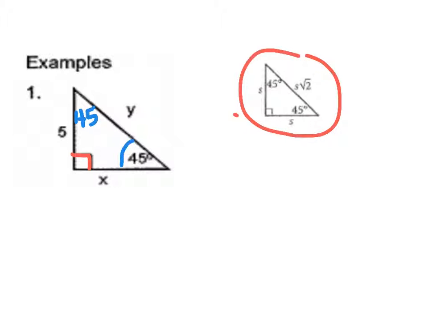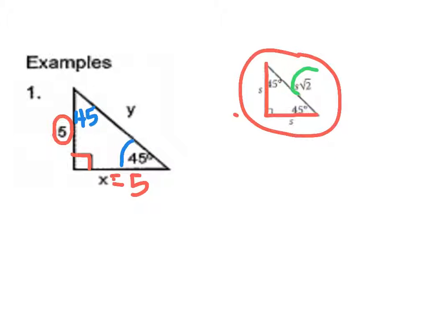Looking at this picture, the two sides are equal. S is equal to S. So if this side is 5, then X must be 5. So I'm halfway done. I already have one answer.